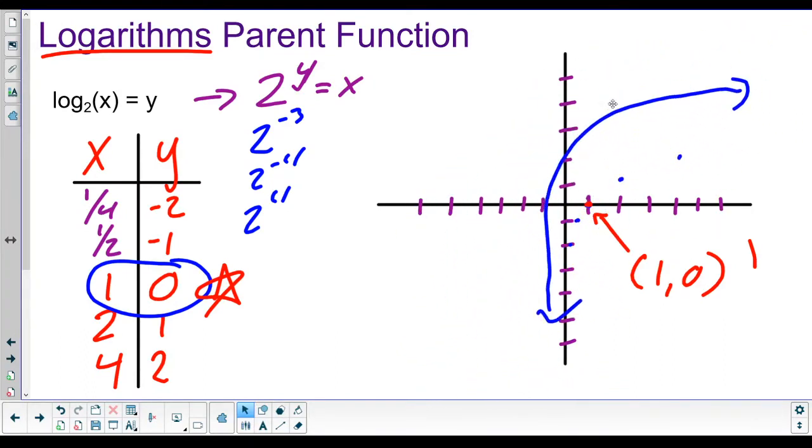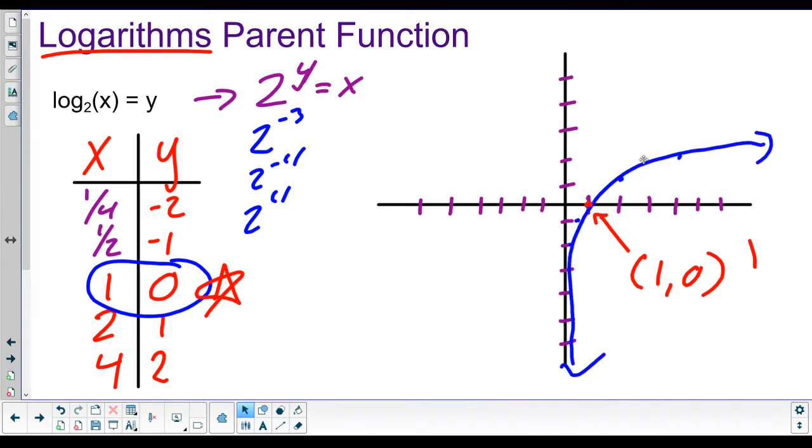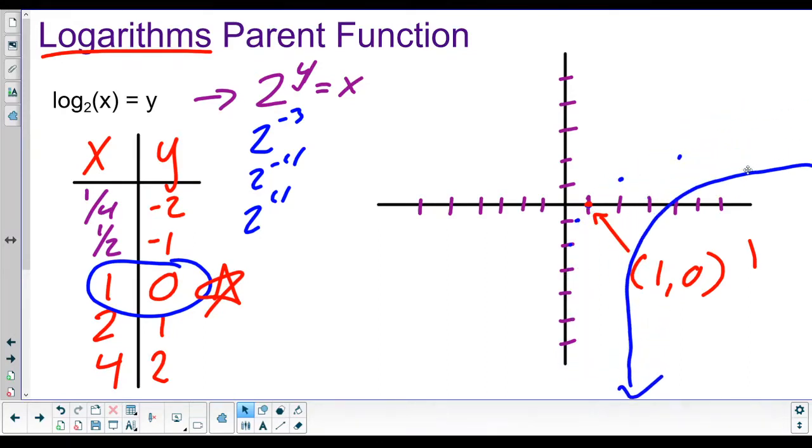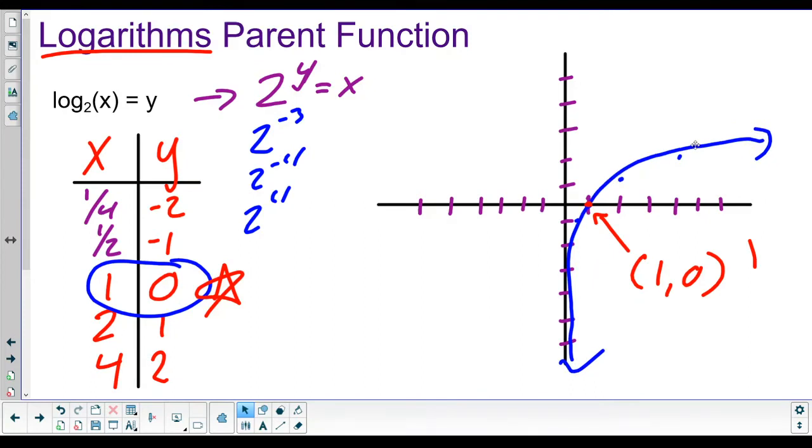As long as you don't horizontally or vertically translate it, you should get this point. And even if you do shift this thing sideways and up, that point will always be a reflection of those transformations. So we're going to use this to help us figure out some logs.